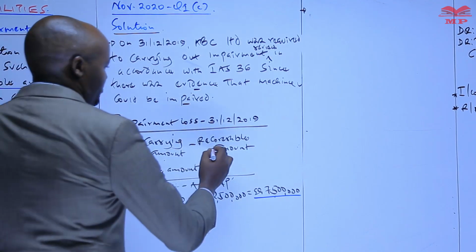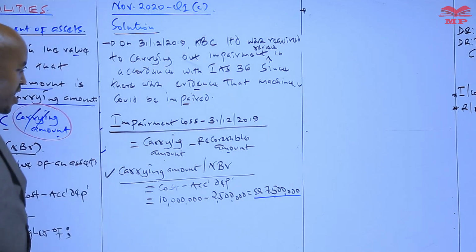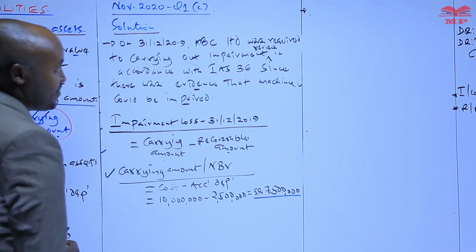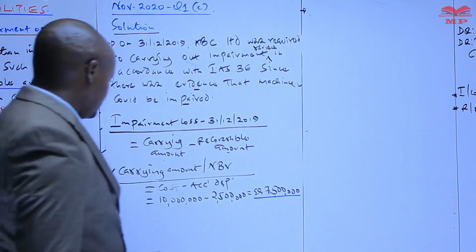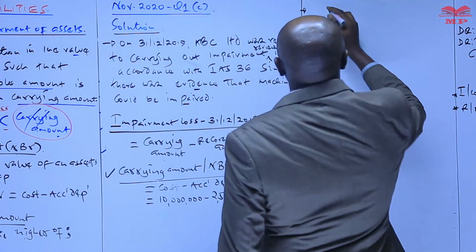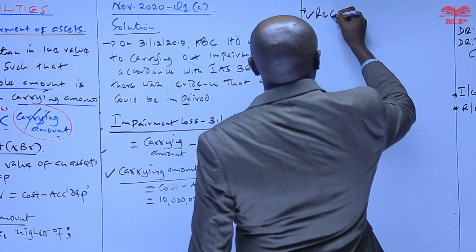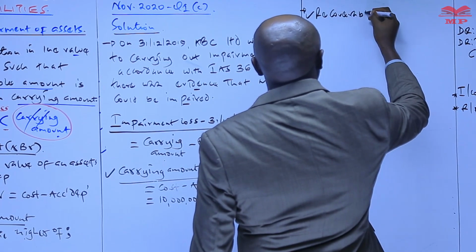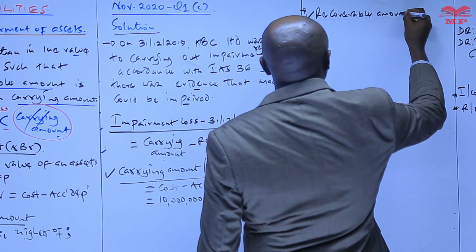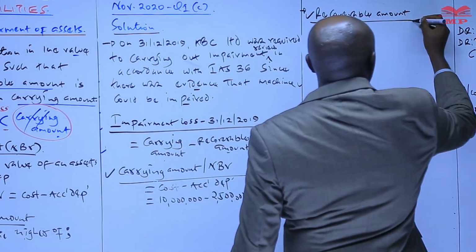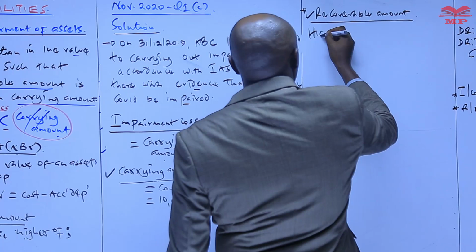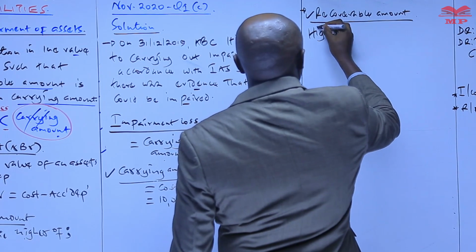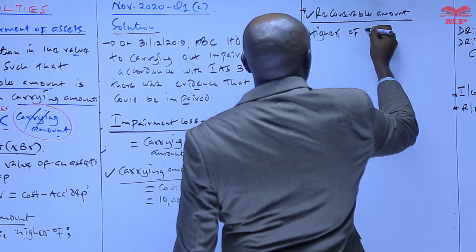So next, we determine the recoverable amount. And the recoverable amount, we said, is the higher of two values.